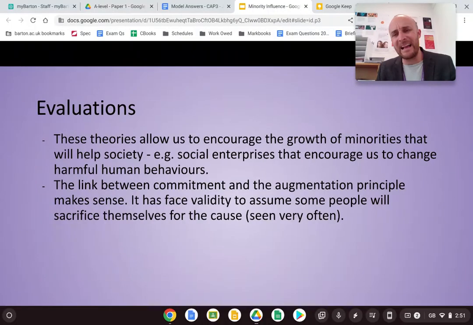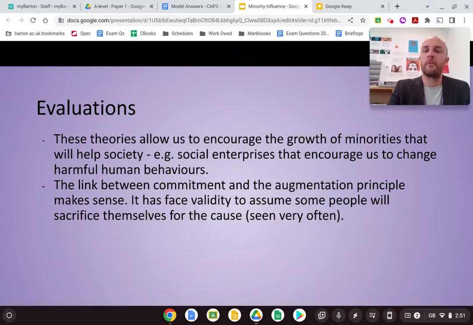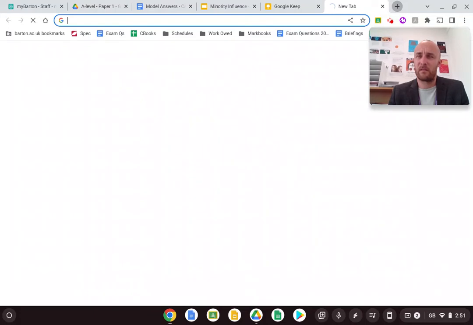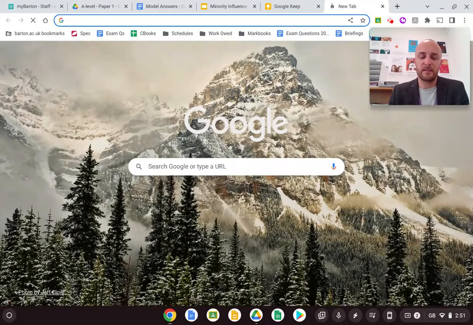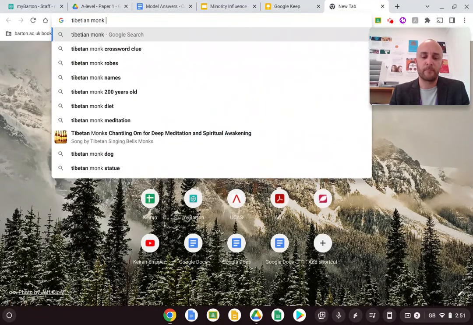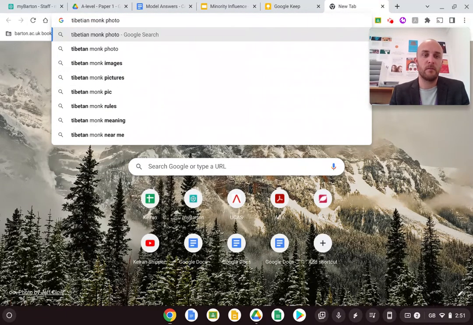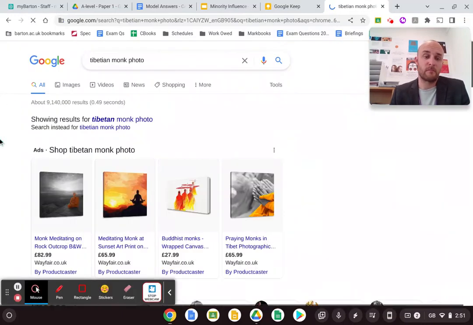The classic example, the absolute classic example here is, I'm just going to type in, I can't remember the name. I think it's Thich Quang Duc. Was a Tibetan monk. Oh, the internet's going to die on me now. Thich Quang Duc was a Tibetan monk who basically, if I type in photo, typed in Tibetan wrong there as well.